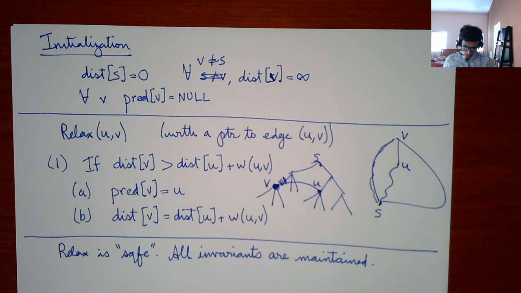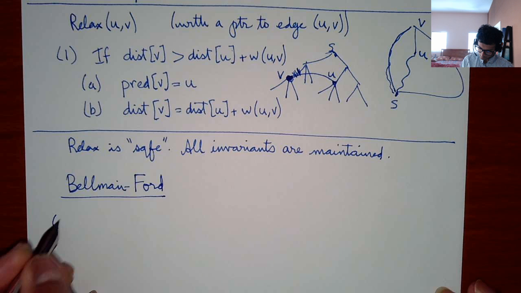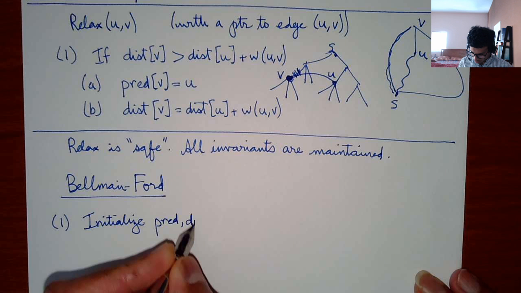So let us now discuss our first algorithm, Bellman-Ford, which is a deceptively simple piece of code. The first step is just to initialize predecessor and dist arrays.